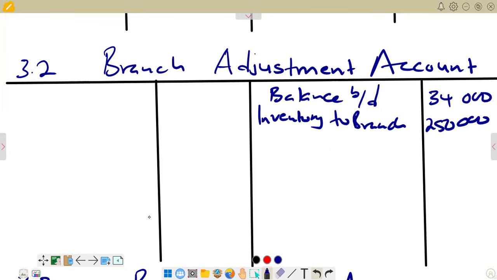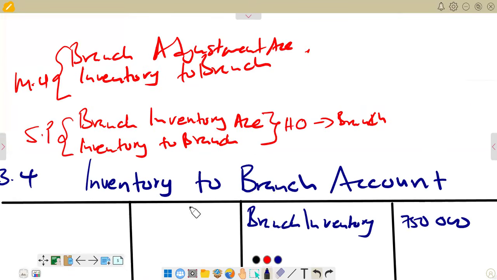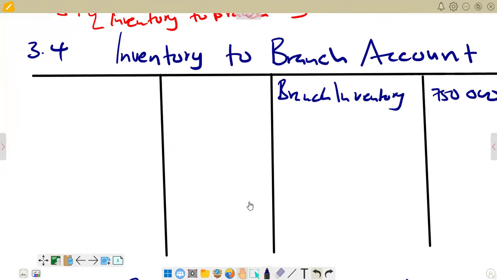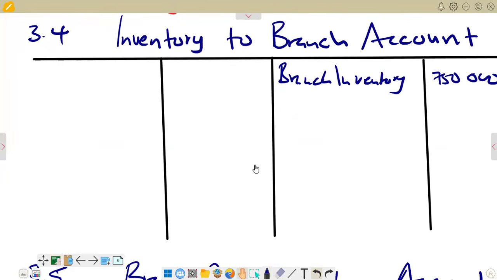So we are crediting the branch adjustment and debiting the inventory to branch account with 250,000, coming from the branch adjustment.